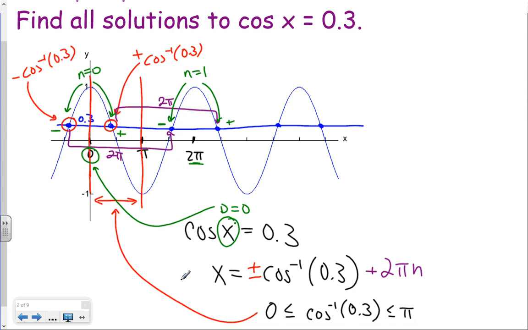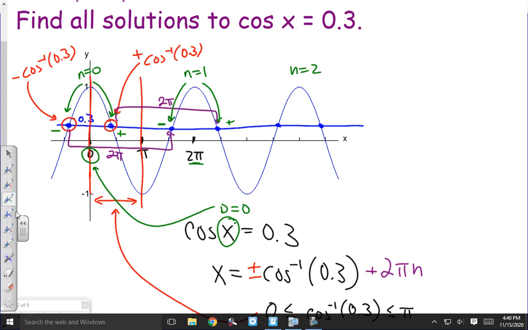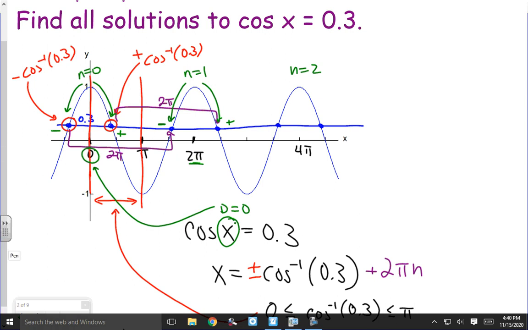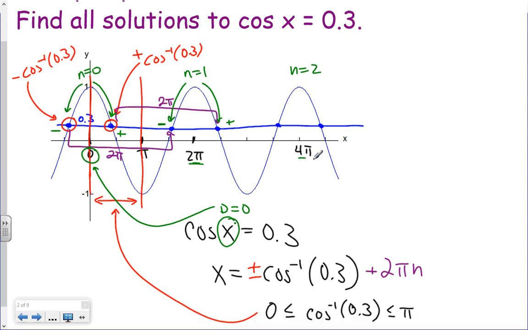And if you jump forward to n equals 2, now we're moving forward to 4 pi. Should mark that on my axes here. This is at 4 pi. So with n equal to 2, that's adding 4 pi onto the end there. So I'm finding the two solutions here around 4 pi when I do this. So this is the negative cosine inverse solution. This one would be the positive cosine inverse solution.